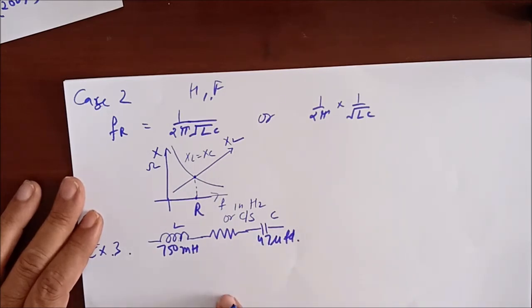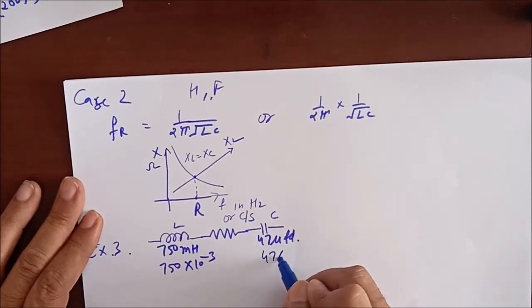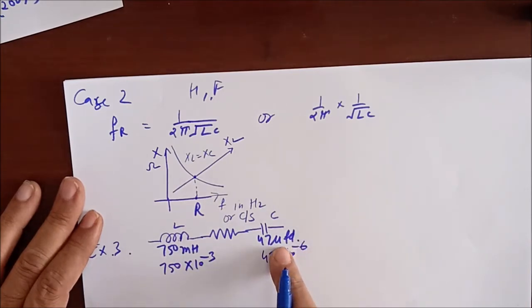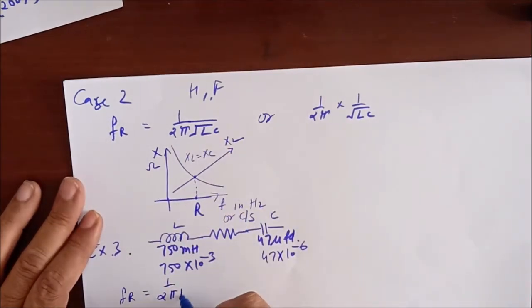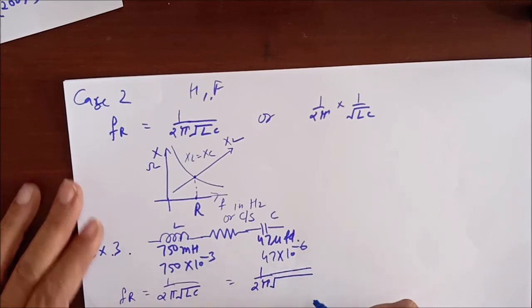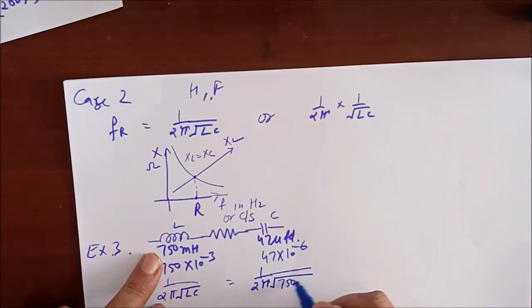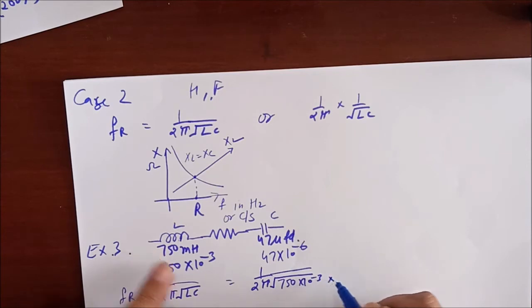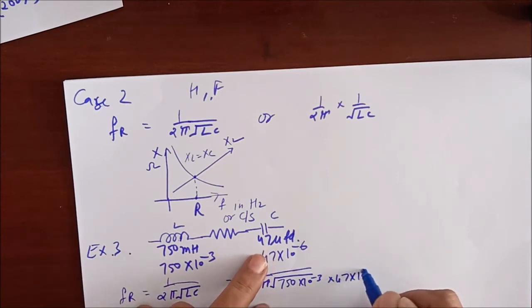So in this case, first this is 750 into 10 raised to the power minus 3 because it is milli, and 47 into 10 raised to the power minus 6 because it is microfarad. How to calculate FR? FR is equal to 1 by 2 pi root LC. Put the values: 1 by 2 pi root of 750 into 10 to the power minus 3 into 47 into 10 to the power minus 6.